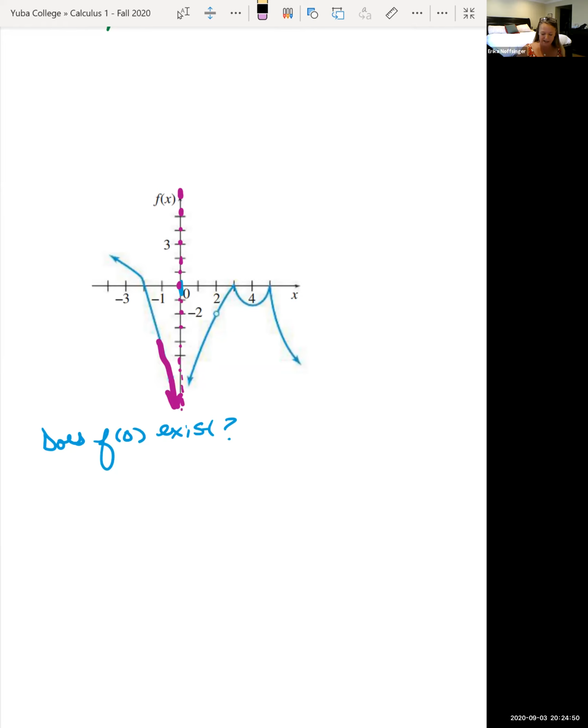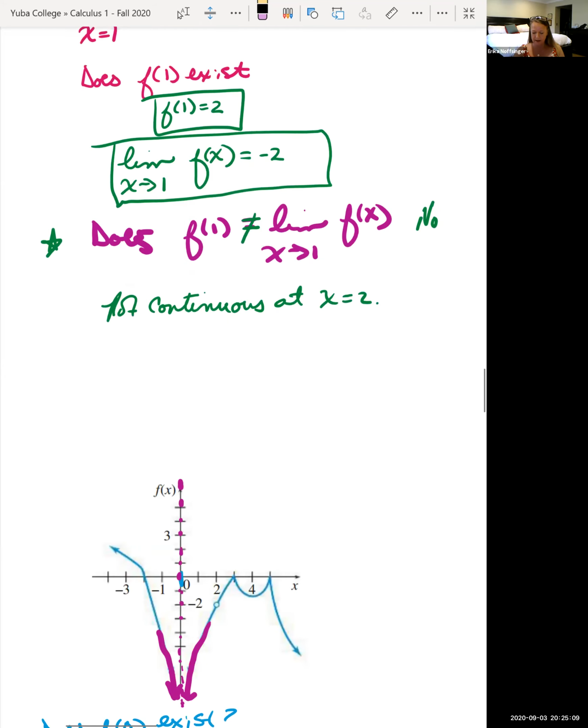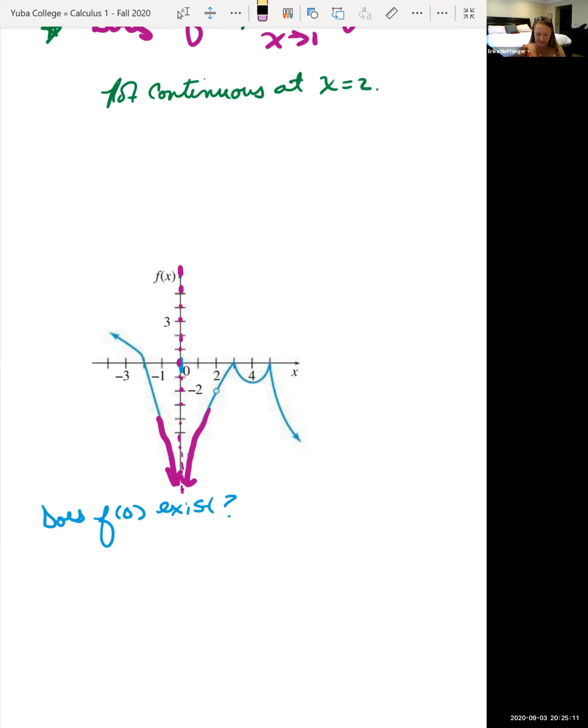It's going to look like it hits there, but it never does. Same thing as we're coming closer and closer to 0 on the right-hand side. This also goes down forever, hugging that line, but we actually never get there. So there's no point on this y-axis, the graph never touches it. And so in this case, f of 0 does not exist.